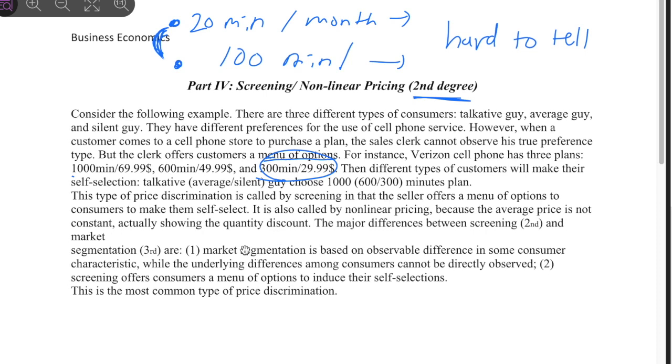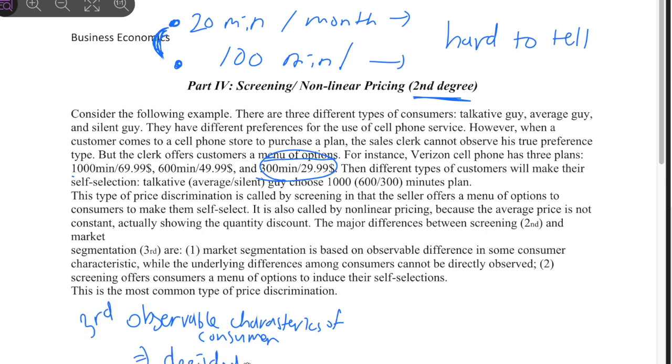So what is the difference between the third degree and the second degree, right? For the third degree, what makes the difference is the observable characteristic of the consumer, right? It is decided by a third party.